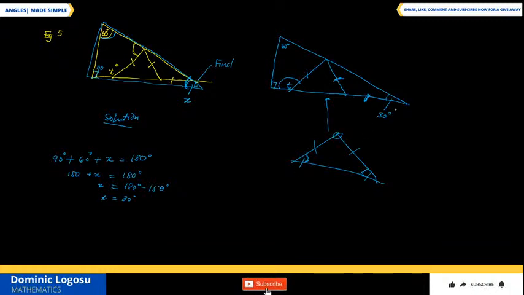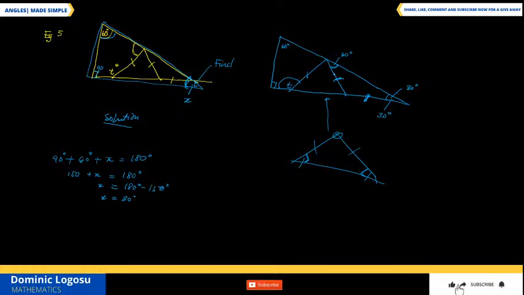The same principle applies here: this side and this side will be equal, because this is the intersection of those two lines that are crossing. So if this is 30 degrees, this will also be 30 degrees.